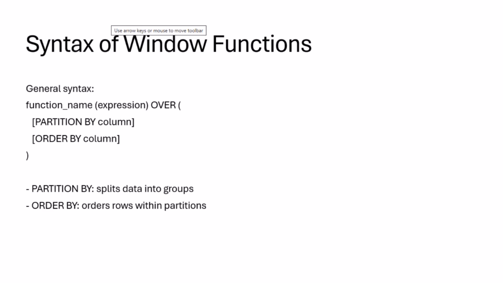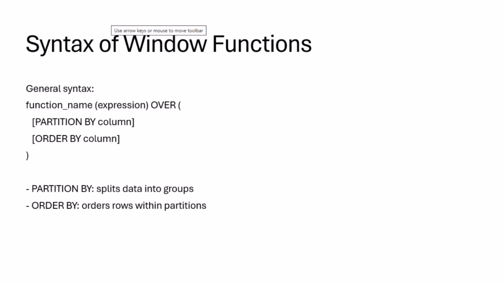If you partition by department, it groups the employees by their departments. Then ORDER BY orders the rows within the partition.